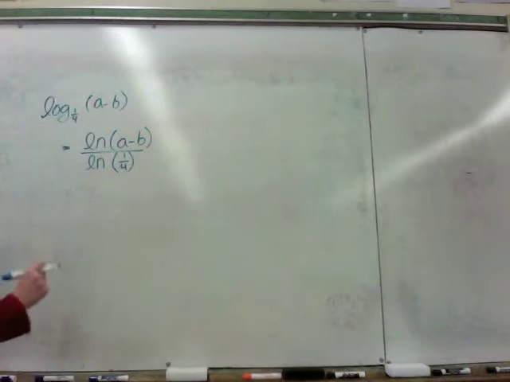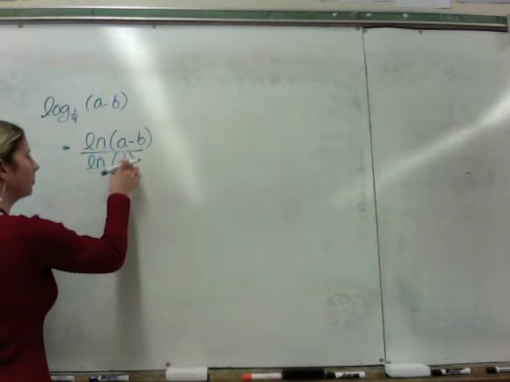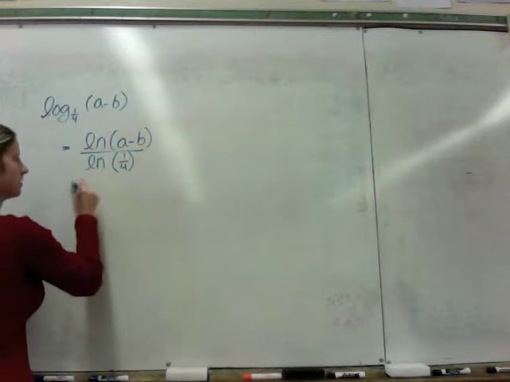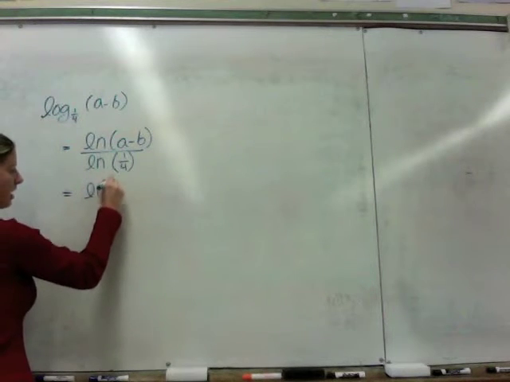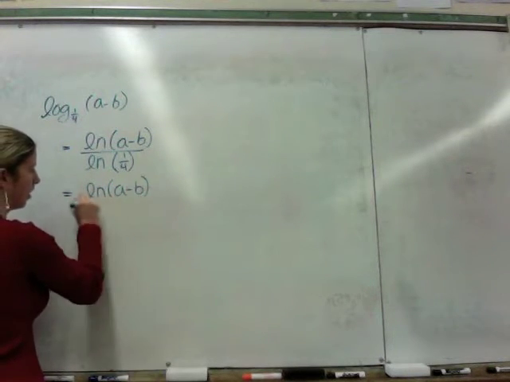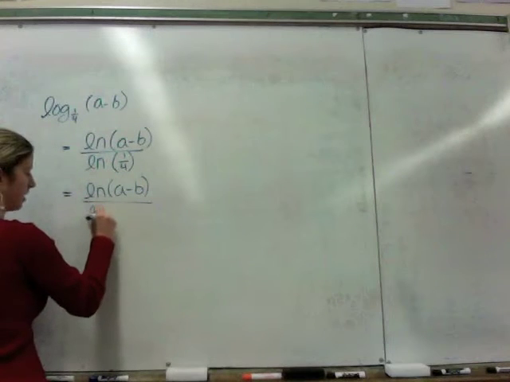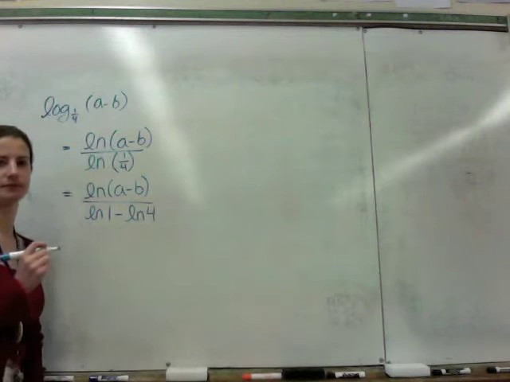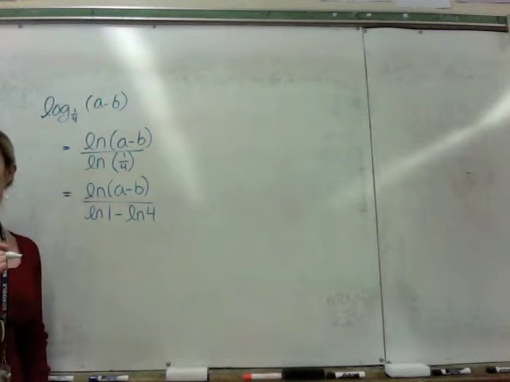Okay, now here's the thing. We can split this up, right? Because it's a quotient. So we can rewrite this as the natural log of a minus b over the natural log of 1 minus the natural log of 4. What's the natural log of 1? 0.